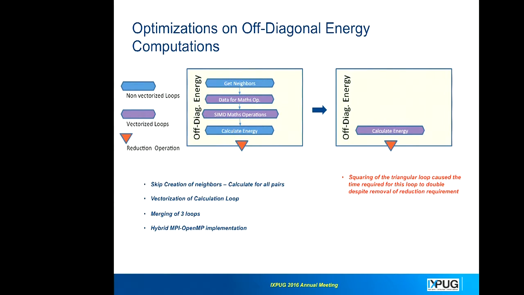Next is the main culprit, you can say, the off diagonal energy, which was taking almost 65% of the time. Here again we did away with the neighbors, and instead of computing the neighbors, we did it for all atom combinations. Why did it help here? Normally the cutoff for off diagonal energy computation is quite high.